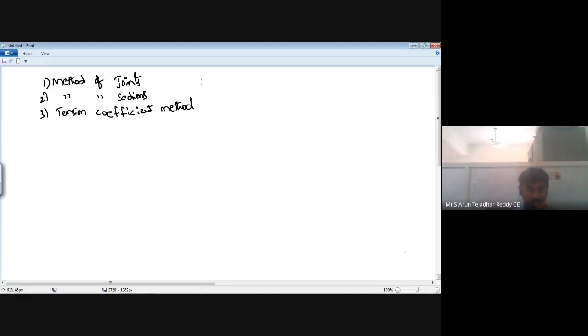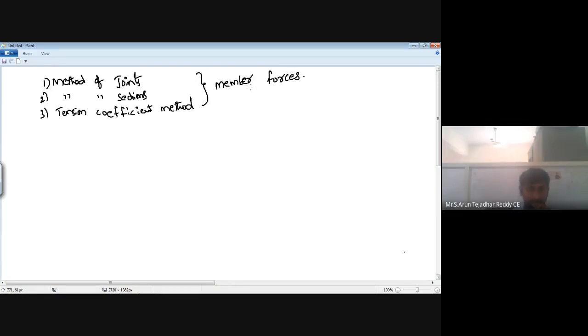So in the first unit, that is analysis of perfect frame, we have three methods: method of joints, method of sections, tension coefficient method. By using these three methods, we can find the member forces.